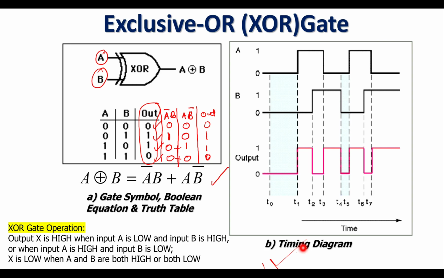So from here, you read the timing diagram. You can see this timing diagram from the truth table. 0, 0: the output will be 0. 1, 0: the output will be 1. 1, 1 will be 0. 0, 1 will be 1. 0, 0 will be 0. 1, 0 will be 1. 1, 1 will be 0. 0, 1 will be 1.